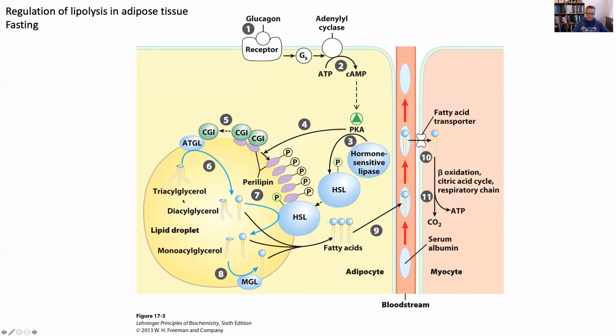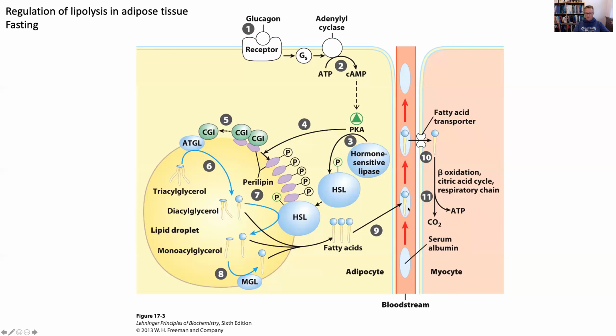So once we degrade triacylglycerols and diacylglycerols, we will of course produce fatty acids, and we'll get another fatty acid by degrading monoacylglycerol to fatty acids and free glycerol. And free glycerol and the fatty acids will be secreted by the adipocyte to the circulation.